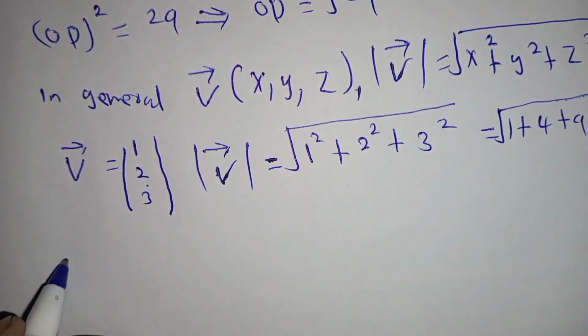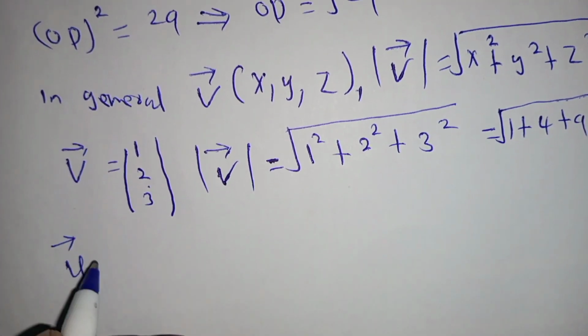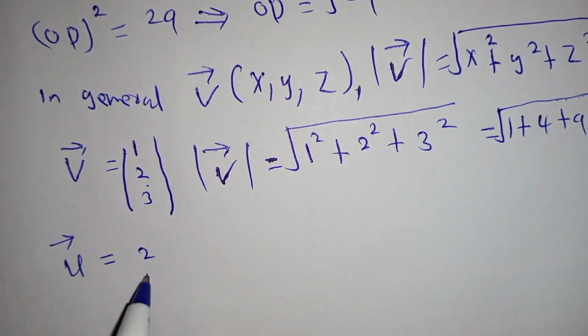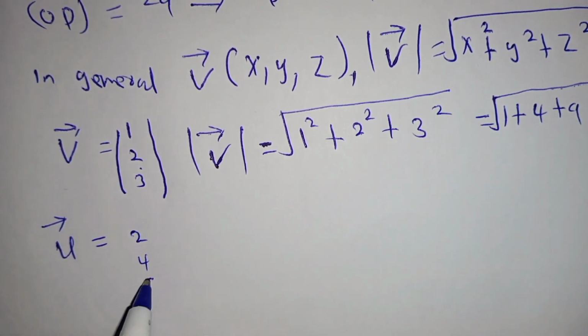For instance, let's say you also have the vector v, whose components are 2, 4, 5.